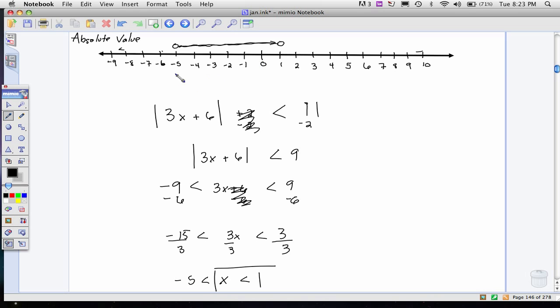Now, x greater than negative 5 goes to the right. And so the only region that I want to shade even is the middle section. Now, just like greater than went apart, less than does the opposite. Less than comes together.